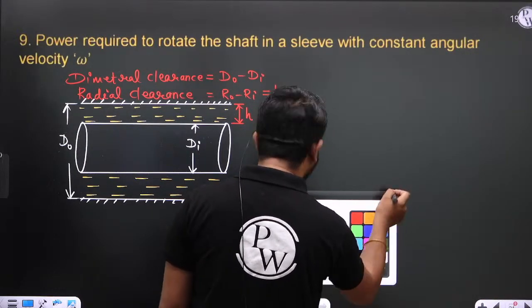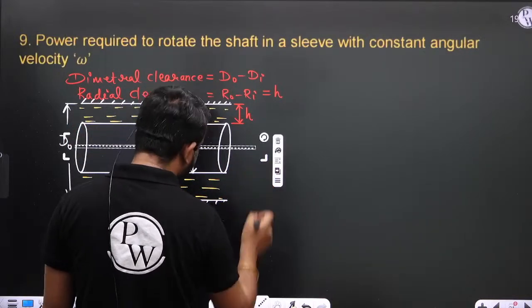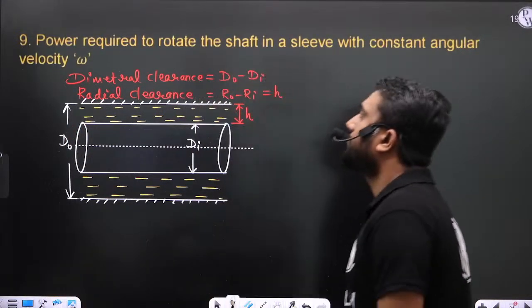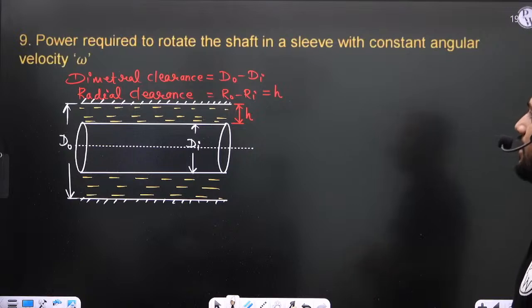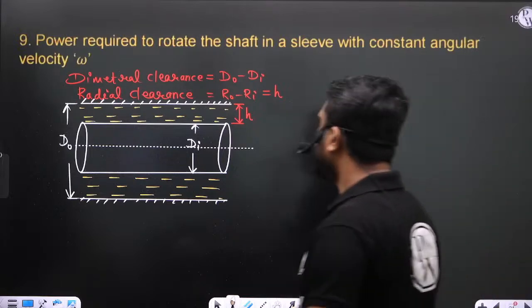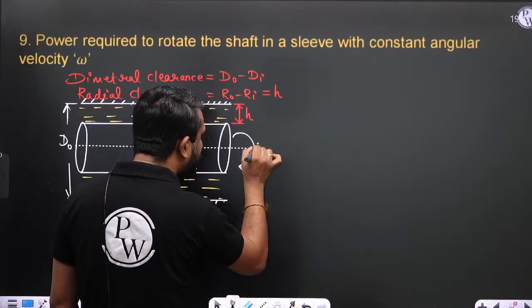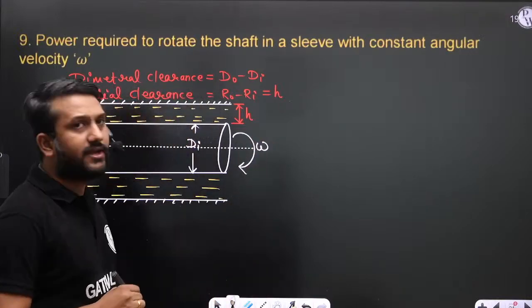Now in this question, this is the central axis of the shaft. In this particular case, power is asked. Power required to rotate the shaft in a sleeve with constant angular velocity omega. So this shaft is rotating with constant angular velocity omega.